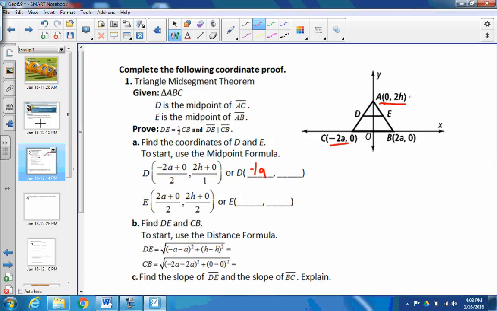And then 2h plus 0 would be 2h, divided by 2 would be h. E would be the same thing. We're finding the average of the x's and the average of the y's. For the x we end up with just a, because it's 2a over 2. And for the y, 2h over 2 is just going to be h.